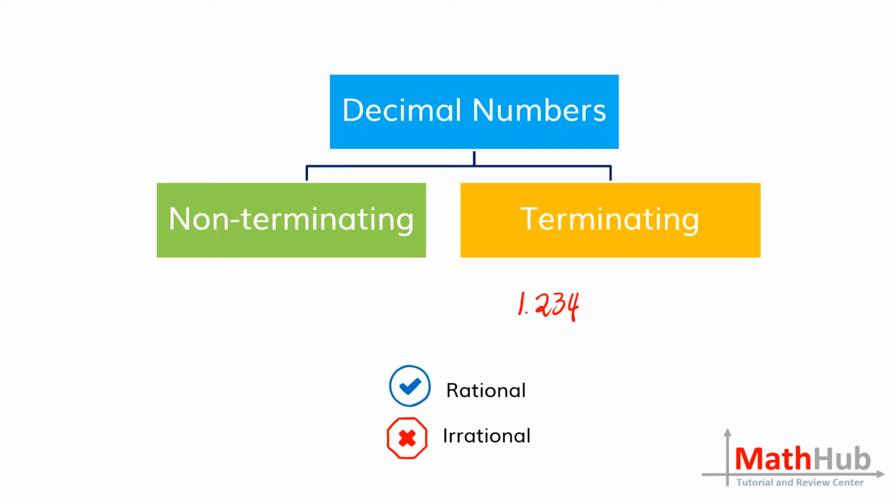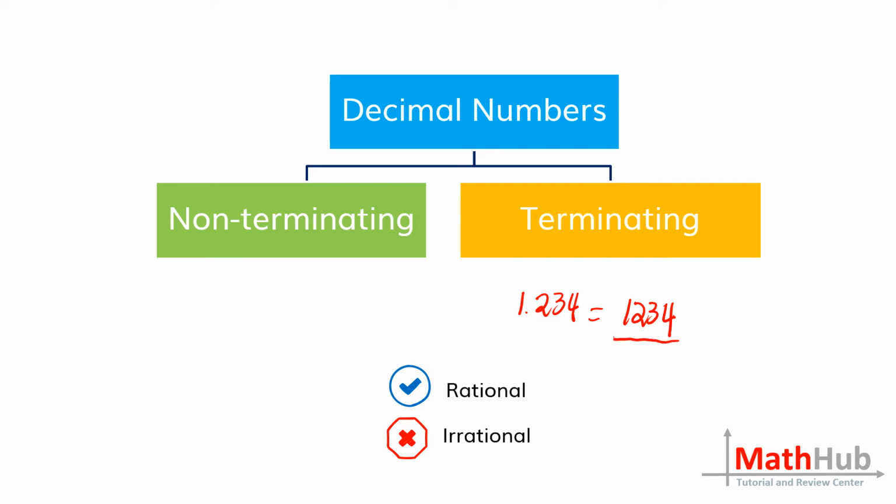If we have a terminating decimal, we can always express it as a quotient of two integers. What you just do is copy it without the decimal point. So we have 1, 2, 3, 4. Just copy it without the decimal point, and then you divide it.